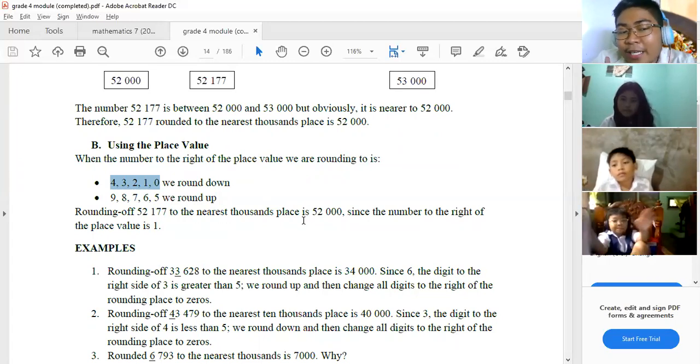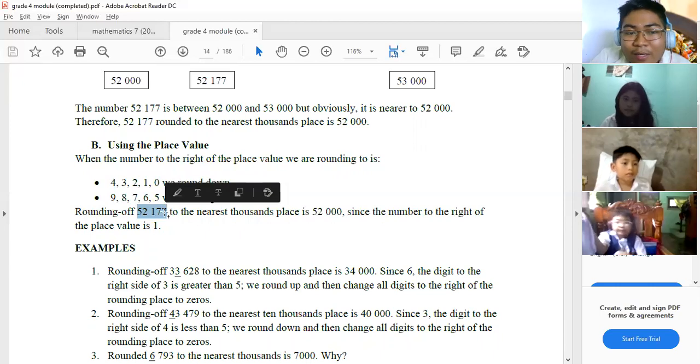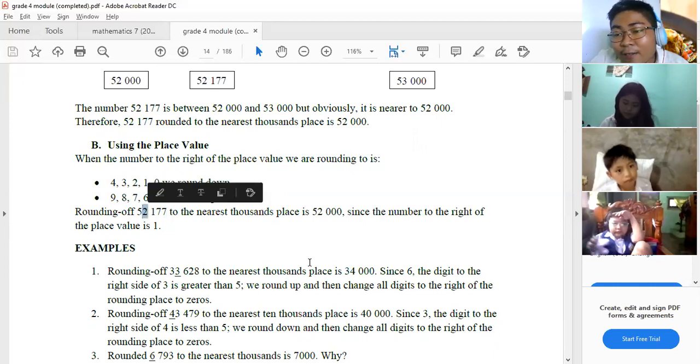For example, rounding off 52,177 to the nearest thousands: what is our nearest thousands? 52,000. What is our number in the thousands?